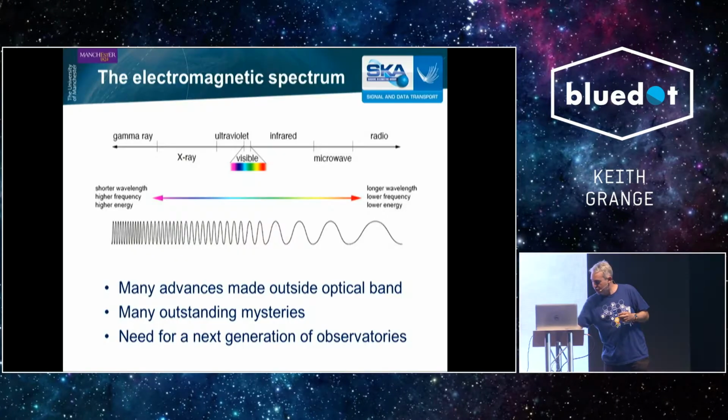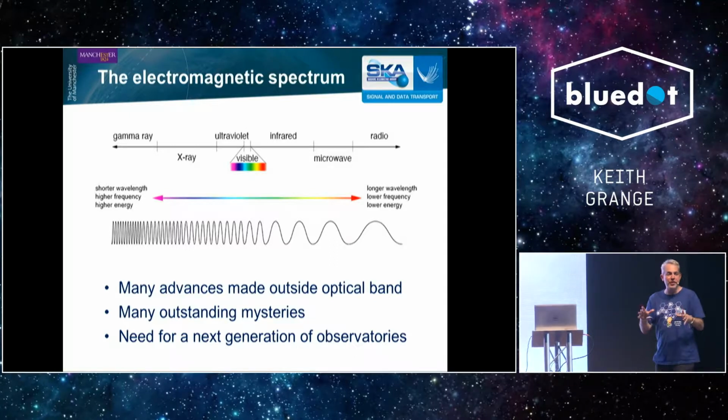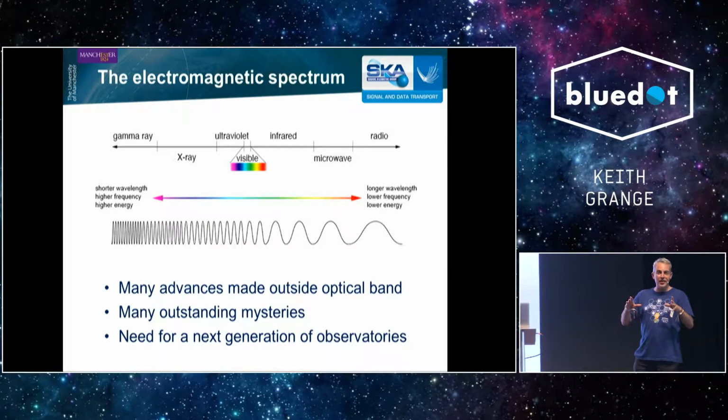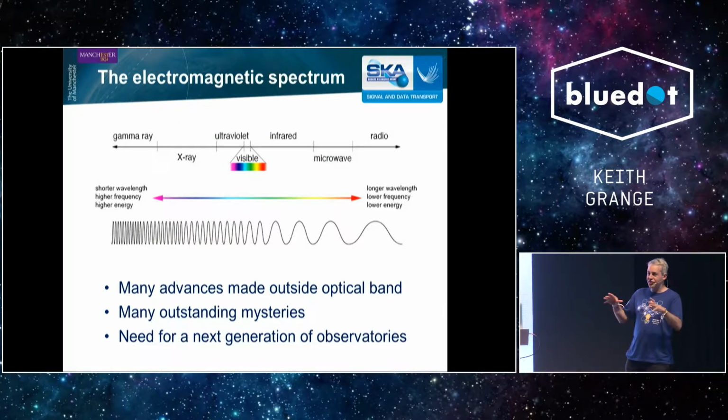So that's the context of where we believe we reside today in amongst the whole of the universe. And for the last hundreds of years, the way that we've been studying the universe is primarily through the visible part of the electromagnetic spectrum.